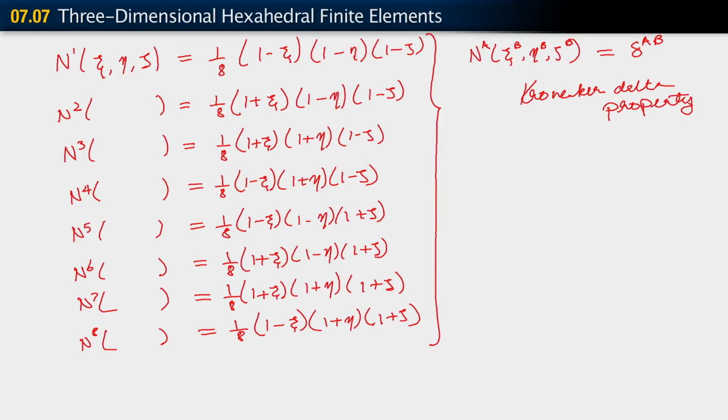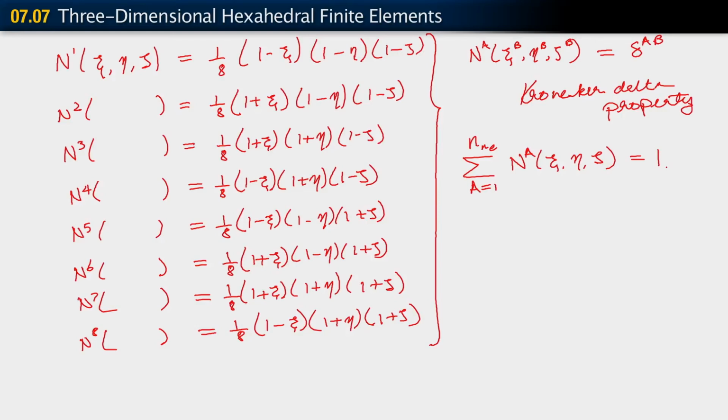We also have this other property, which is that the sum over all shape functions at any point is 1. These are properties identical to what we saw in 1D.